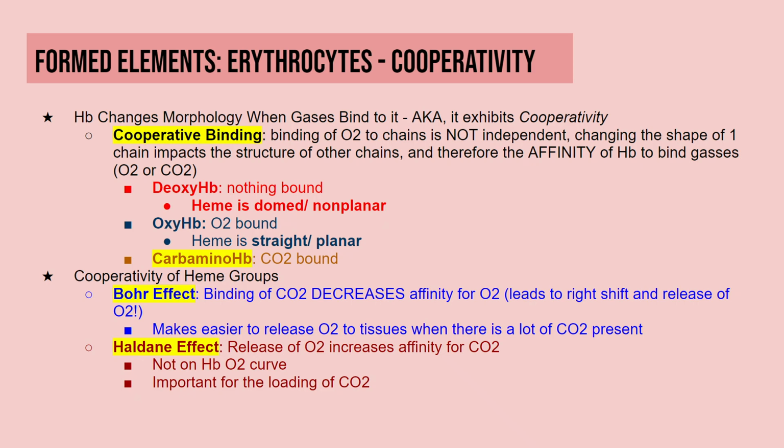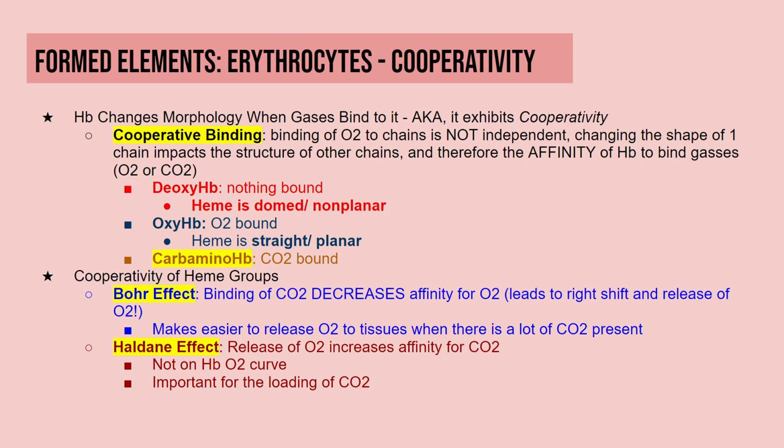Then there's different cooperativity of the heme groups. There's the Bohr effect, which means that binding of carbon dioxide decreases the affinity for oxygen. So it's the opposite of when oxygen increases the affinity for itself, carbon dioxide decreases the affinity for oxygen, which we'll talk about with the dissociation curve.